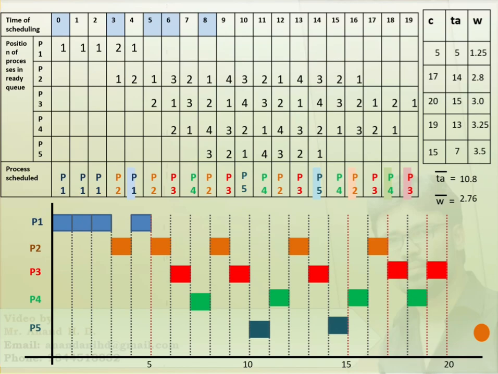Okay. So this is how we are going to schedule any given processes using round robin scheduling with time slice and calculate their completion time, turnaround time, weighted turnaround time, average turnaround time and average weighted turnaround time.